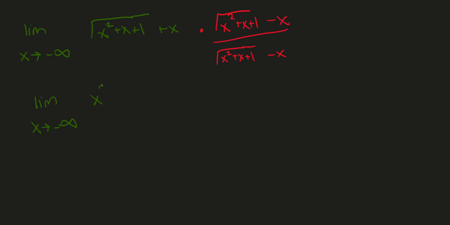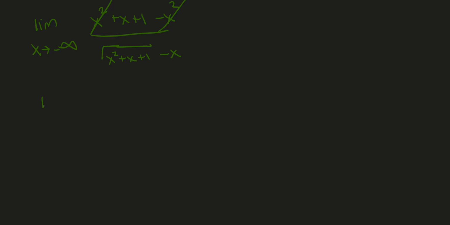I'm going to multiply this: x squared plus x plus 1 minus x squared over all this stuff on the bottom. Then this cancels here. What are we left with? We're left with this guy here. And so far it's the same as how we would have done it if it was positive infinity. But as you will see, something will change here.